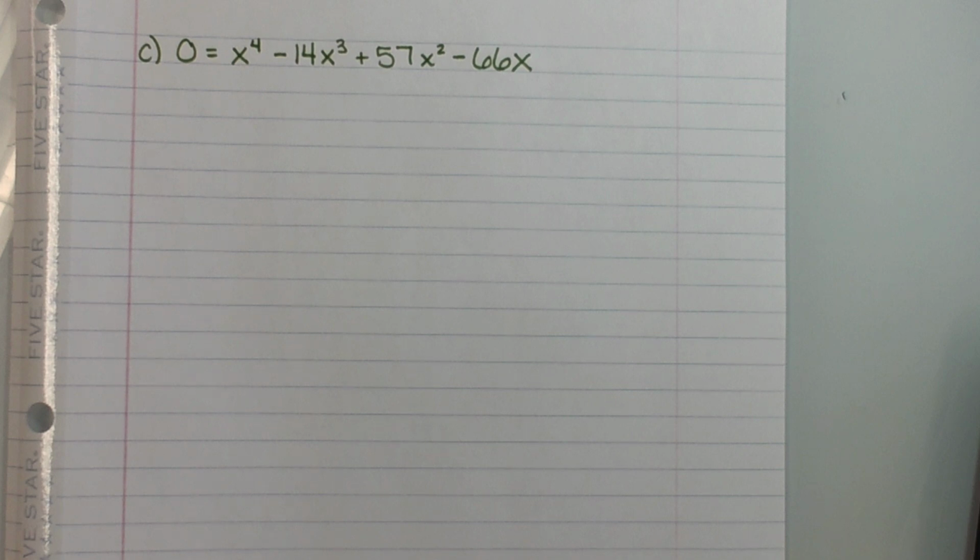When solving, your best option is factoring if at all possible. Can we factor this one? Is there a greatest common factor we could do at least? You could factor out an x.